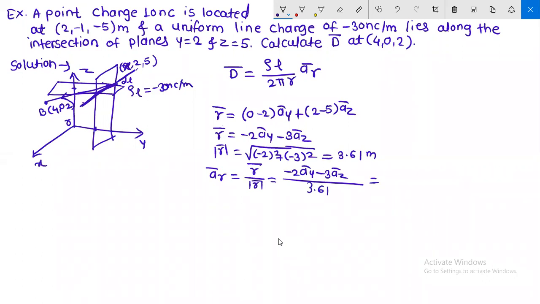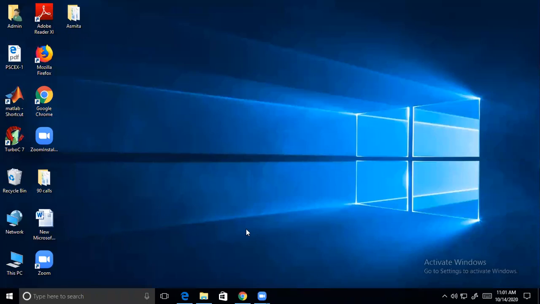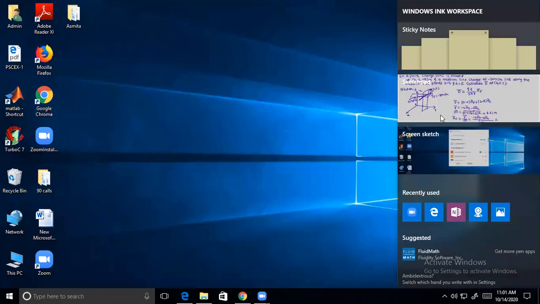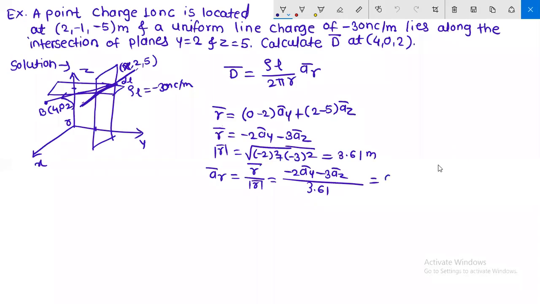So A bar R is equal to minus 0.554 A bar Y and minus 0.831 A bar Z. Then find D bar.